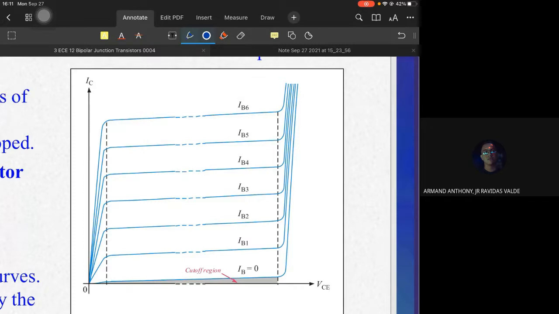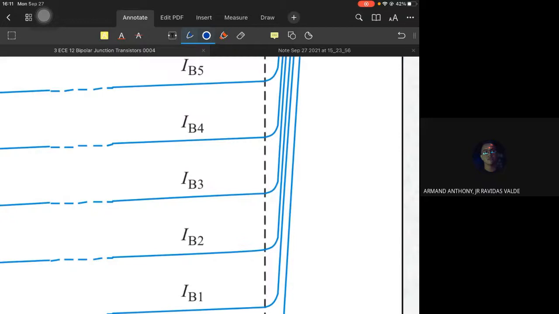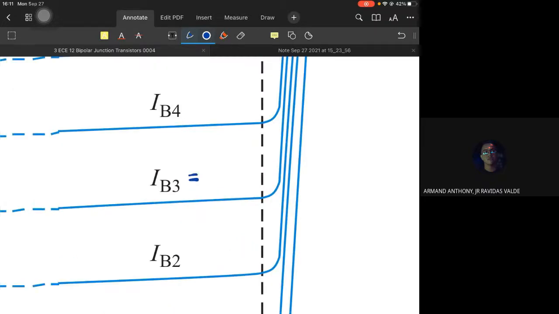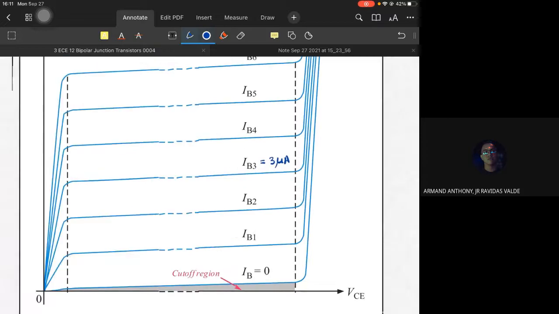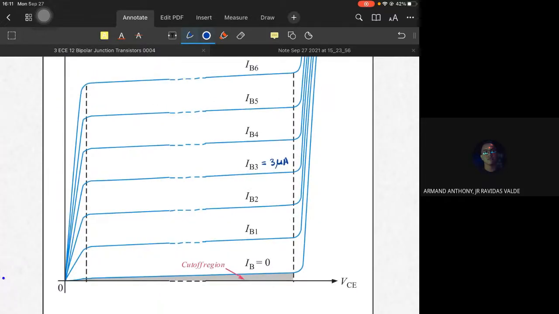So if our IB, let's say for example, is 3 microamperes, kanang characteristic curve atong gamiton.